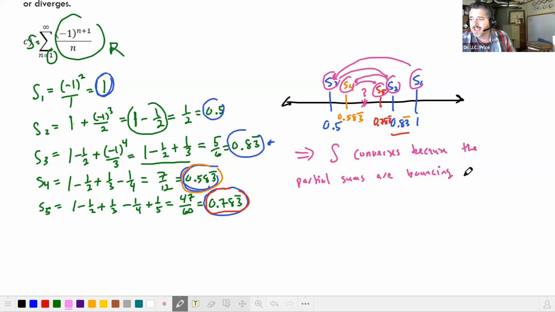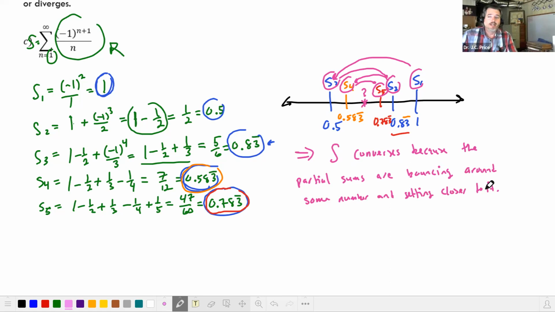So are bouncing around some number and getting closer to it. Because it's possible to bounce around and not get closer to it. All right, and so that's sort of the argument that I would probably give.